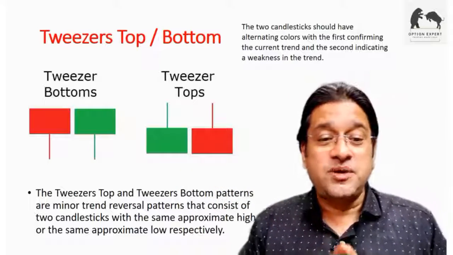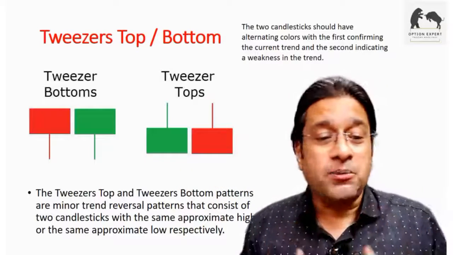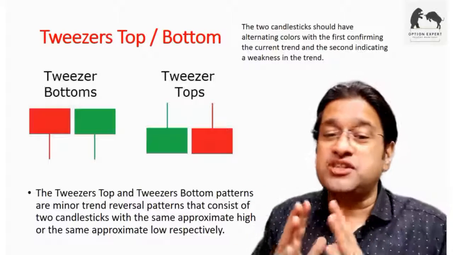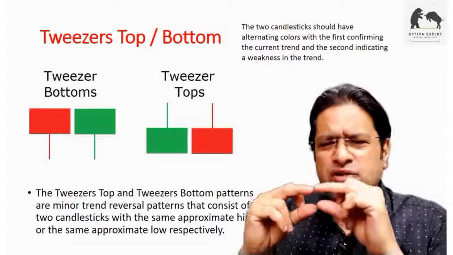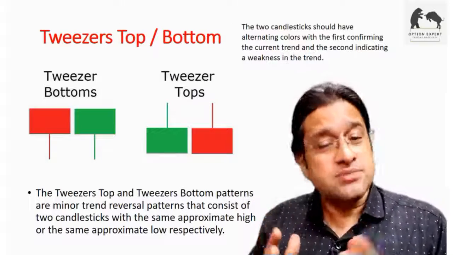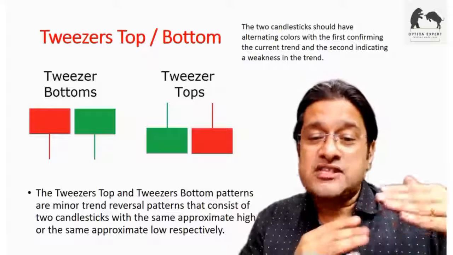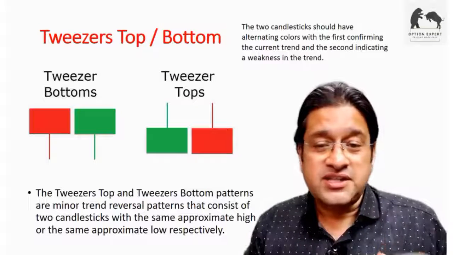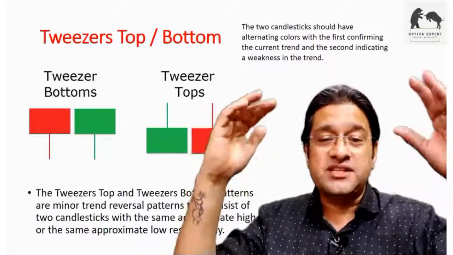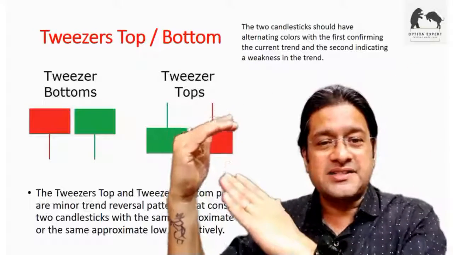The tweezers at the top or the bottom are minor trend reversal patterns that consist of two candles with the same approximate high. Usually it's like a duplicate, like a twin. Sometimes it could be in different colors. If it's happening at the bottom, a red candle is followed by a green candle. When it happens at the top, a green candle is followed by a red candle.